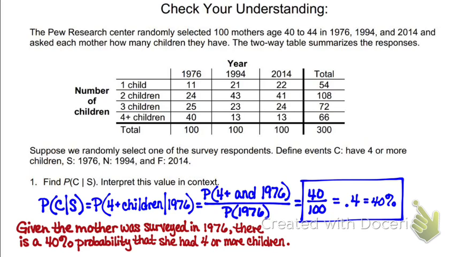So I'd want to look at these two. So it'd be out of how much? 200. Out of 200. How many mothers in 1994 had 4 or more kids? 13. And in 2014, 13. So altogether, 26 moms that were spoken to in these 2 years had 4 or more kids out of the 200.